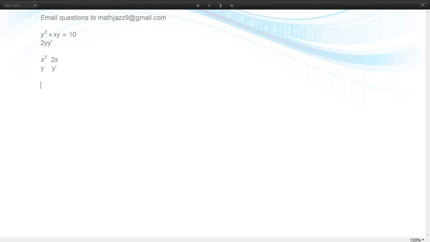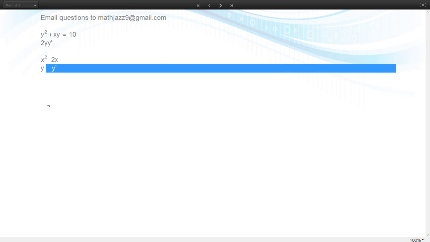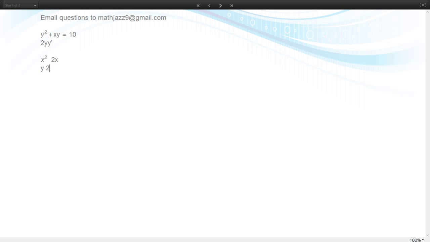So using this chart, our outside function's derivative is 2x, and we plug in y. So we get 2y by taking this function here and plugging that function into it.